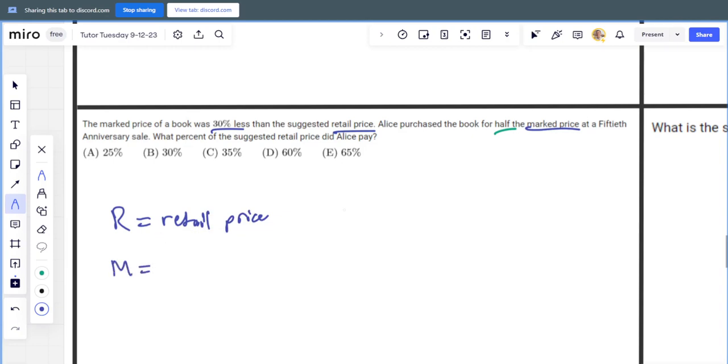And then I bet you're going to say the marked price is 30% less than the retail price, right? So 1 minus 0.30 of the retail price. The marked price is actually 70% of the retail price.